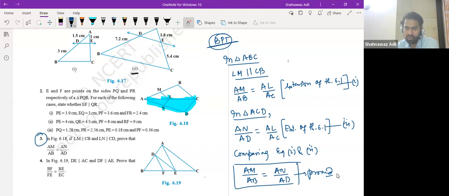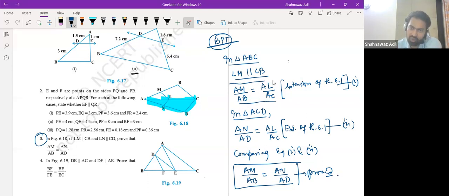Then she added 1: MB by AM plus 1 is equal to ND by AN plus 1. Then MB plus AM by AM is equal to ND plus AN by AN. Then AB by AM is equal to AD by AN. Then again she reciprocated, AM by AB is equal to AN upon AD. So that is the idea that we used here, right?